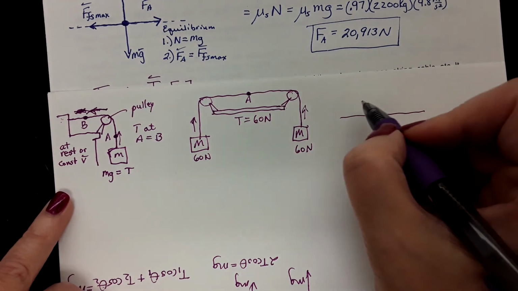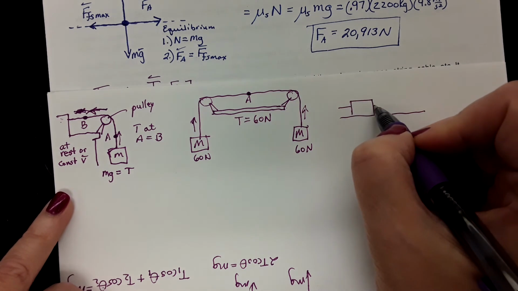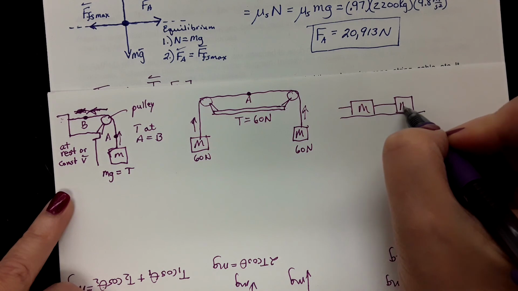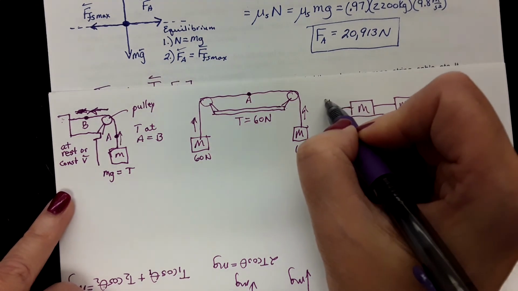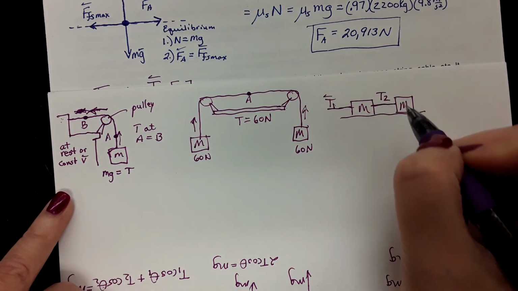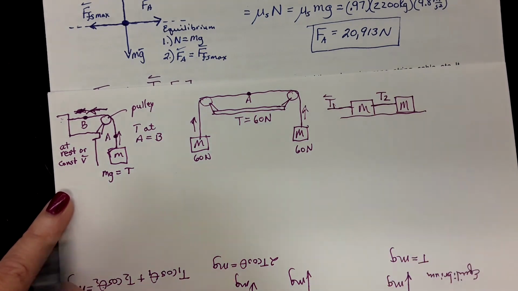If you have blocks being pulled, okay, and you've got T1 and T2, which of these two strings has the greater tension, or are they the same?